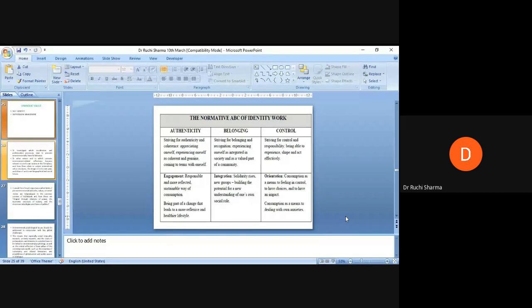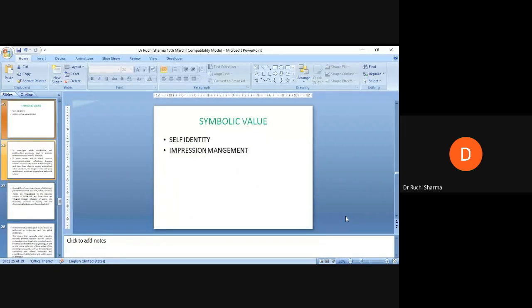Now, going through this particular framework, we can see that whatever is happening, people relate to it and attach symbolic value to it. Now, what is this symbolic value? It is related to our self-identity and impression management. Self-identity is how we perceive ourselves.